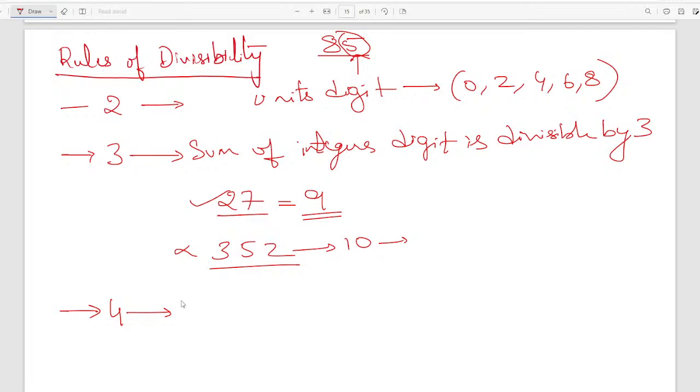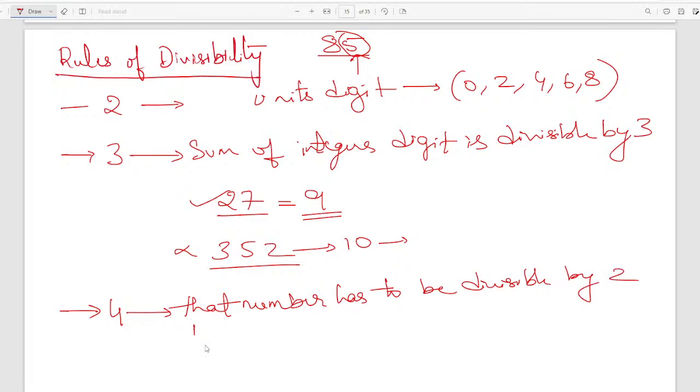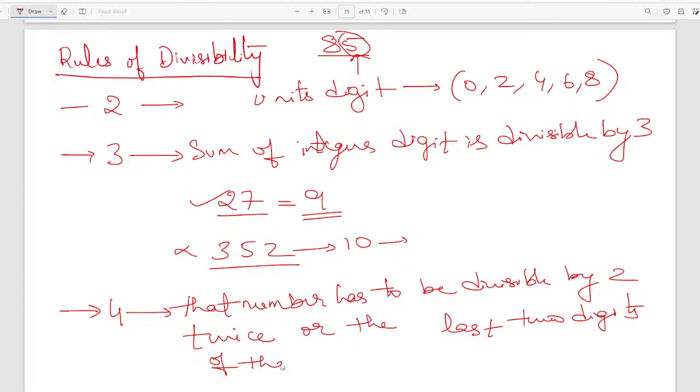If any number has to be divisible by 4, then that number has to be divisible by 2 twice, or the last two digits of that number have to be divisible by 4.